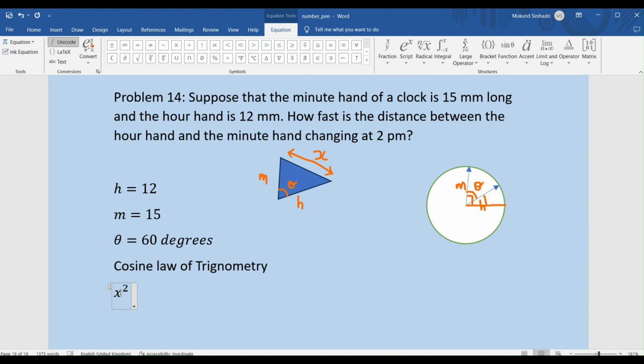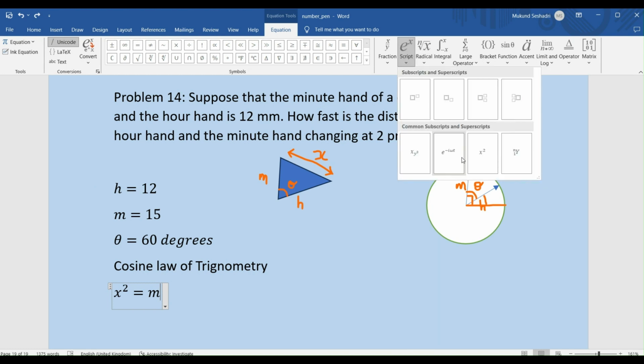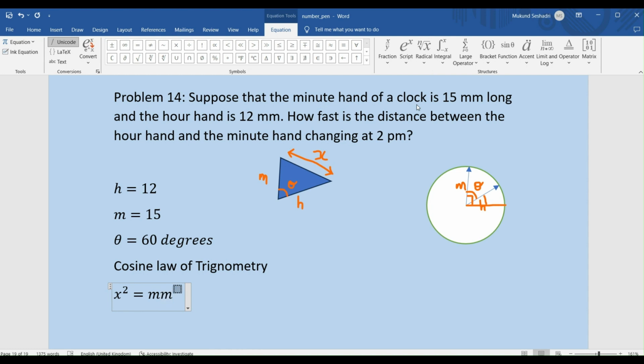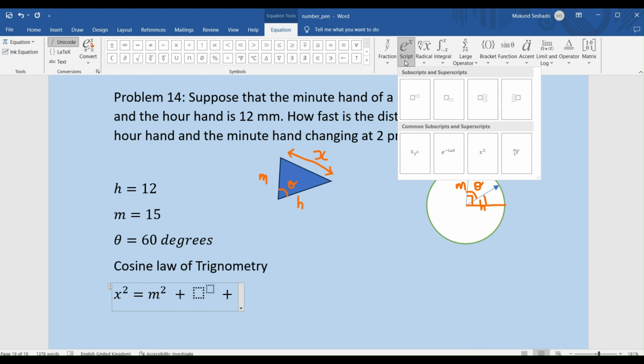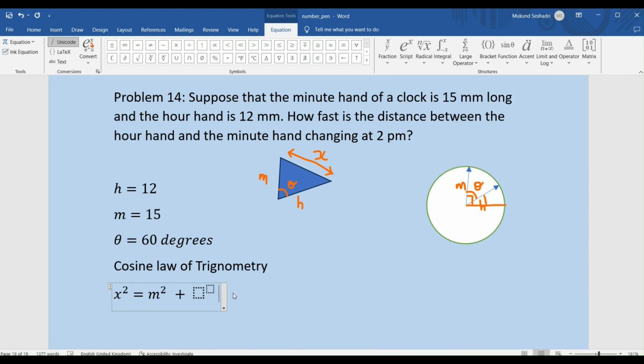We have x square equals m square plus h square minus 2mh cos of theta.